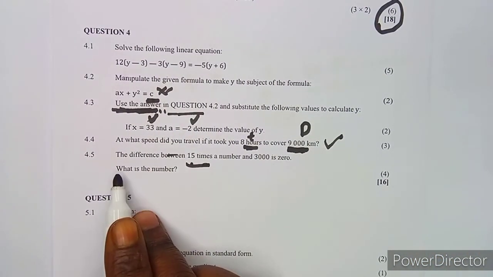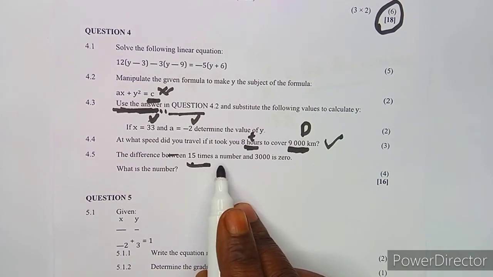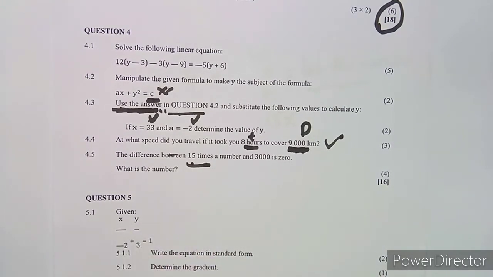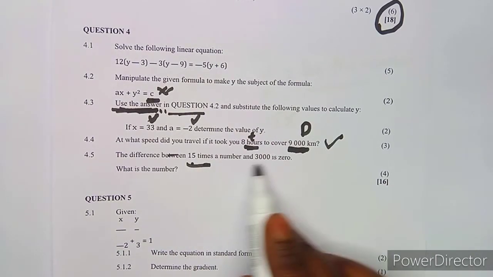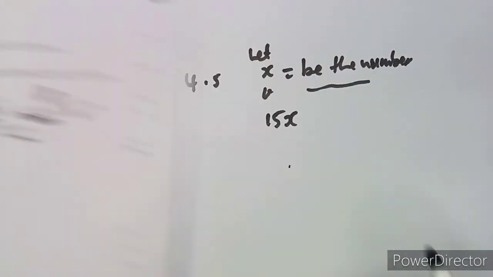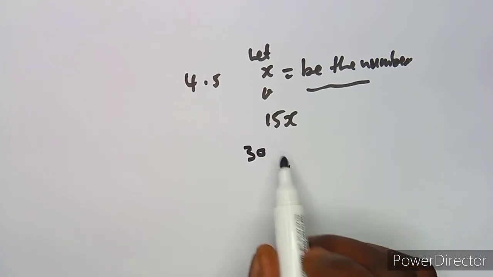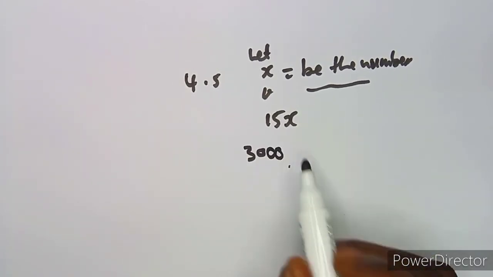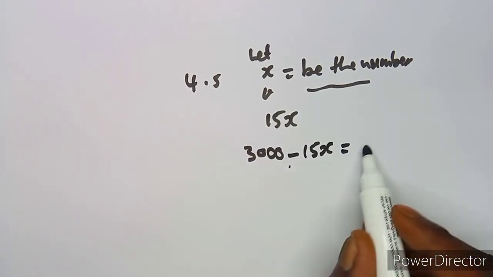So they are saying the difference between 15 times a number and this number. It's either the other way, whether you're subtracting this from this or that, but the case is just the same here. We are going to obtain a 0. So if we say x is the number, therefore if we subtract, that is the difference between these two numbers: 3,000 minus 15x, we must obtain a 0.